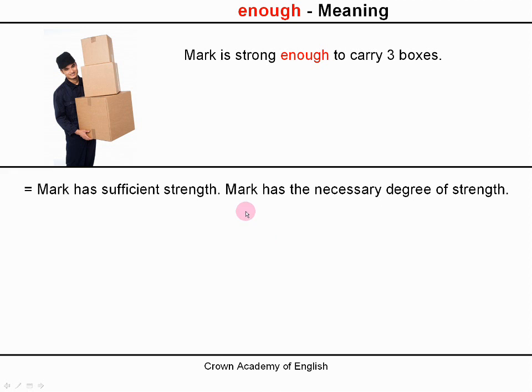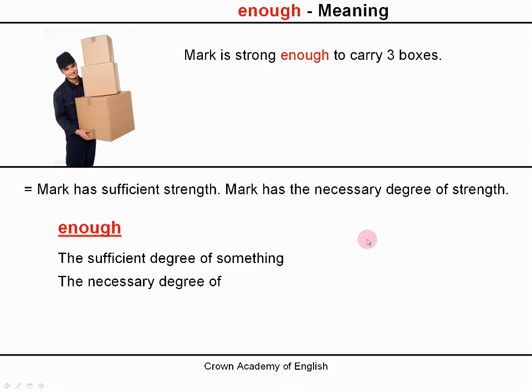Or we can say that it means Mark has the necessary degree of strength, or the necessary amount of strength. Okay? So this is the meaning of enough: the sufficient degree of something, or the necessary degree of something, the necessary amount of something.